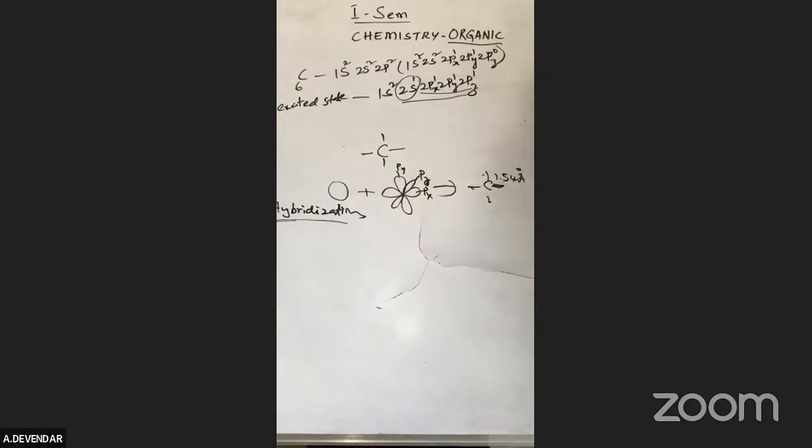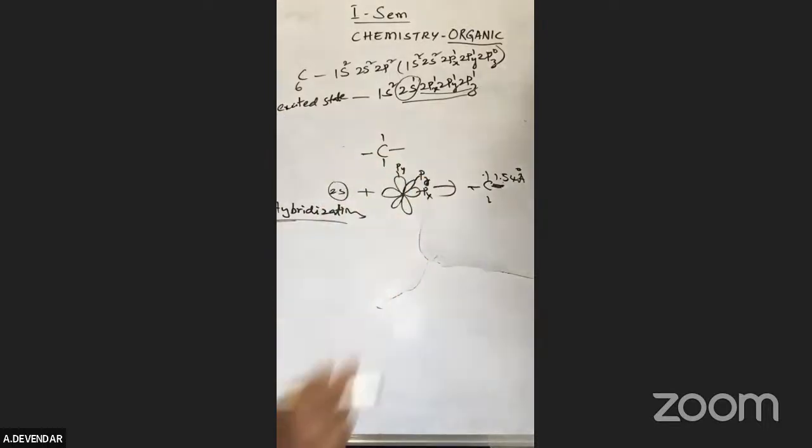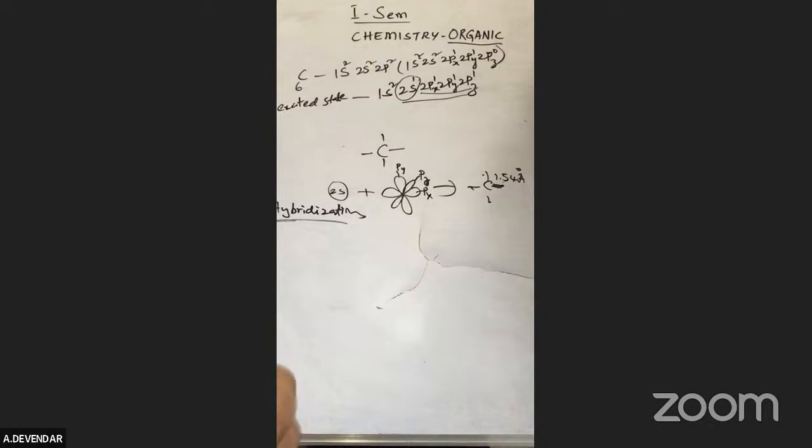proposed by Lewis and Pauling, is the mixing of pure orbitals. This is a pure orbital, 2s. This is 2p: 2px, 2py, 2pz. Mixing of pure orbitals of the same atom, of the same energy. These words are very important. What are you mixing? Same atom, same energies only.